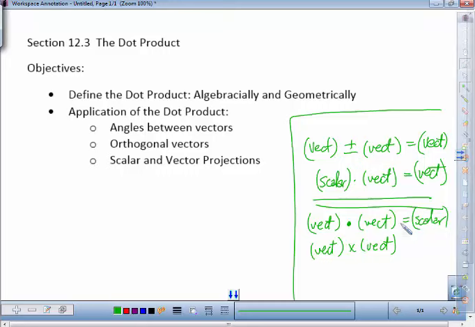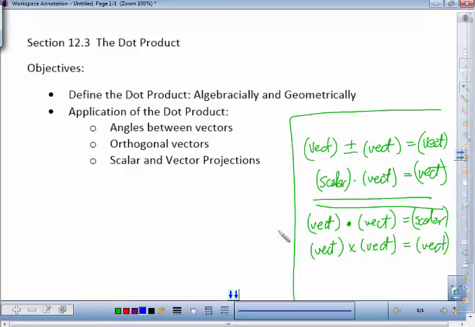And so for us, we're going to be just looking at these things in 3 dimensions. And this will result in a vector. So we're going to explore these two multiplications. The first one, the dot product, we'll talk about today, and then the cross product we'll talk about next time.